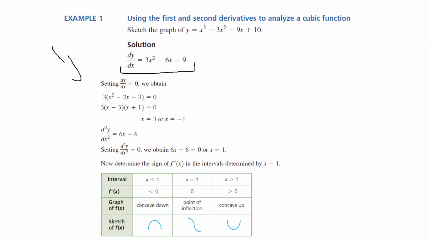Factor out 3. And then you would get 3 times x squared subtract 2x subtract 3. And then you would try to find the product and sum.